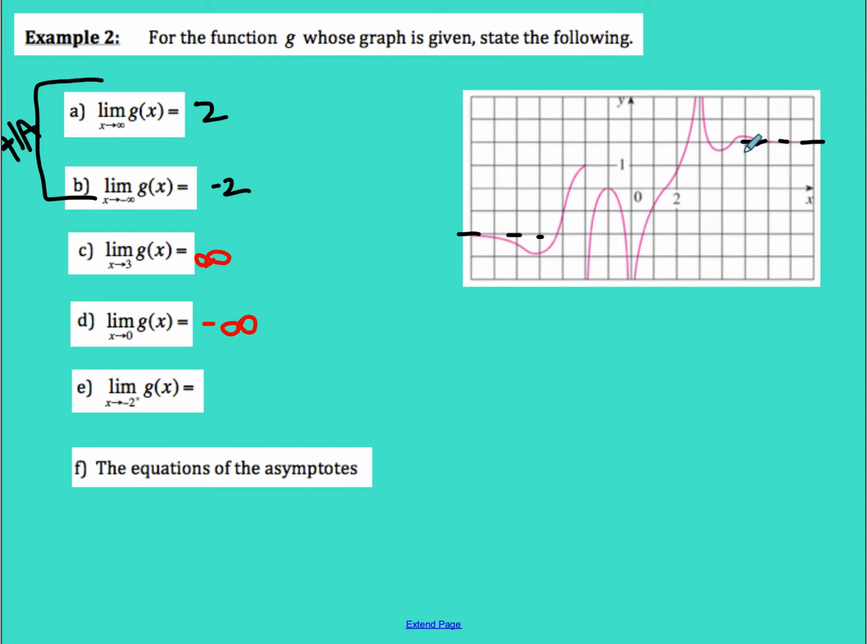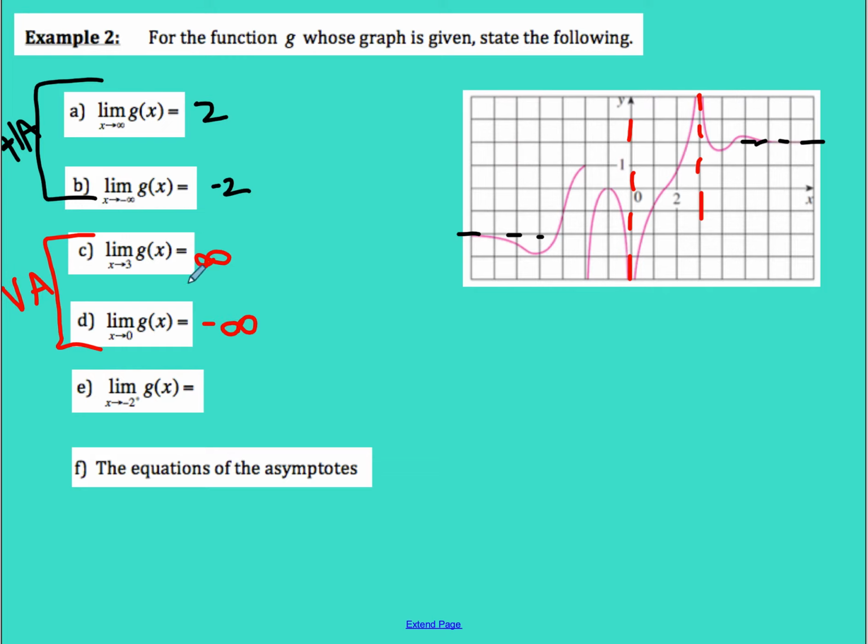One thing I would take note of with these two, at 3 and 0, since I got an answer of infinity, these are a type of asymptote. It's a vertical asymptote. One flag that there is an asymptote is if your limit involves any form of infinity.